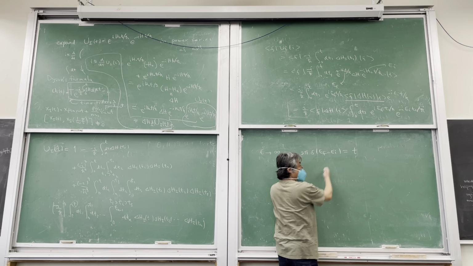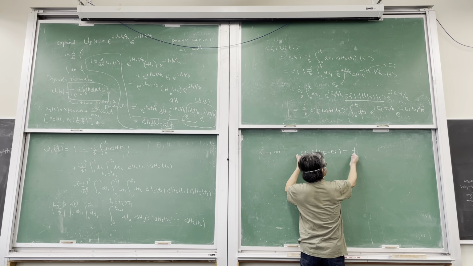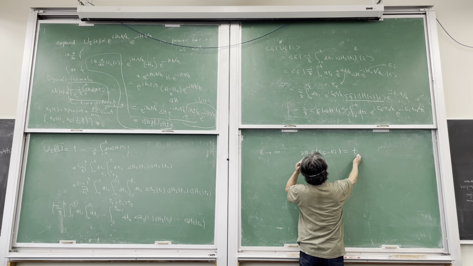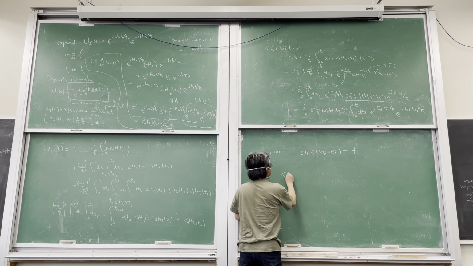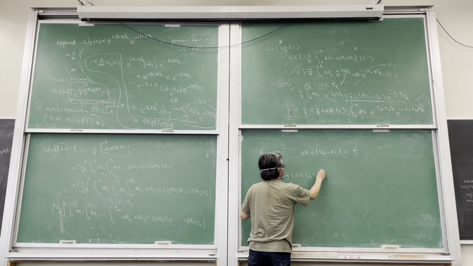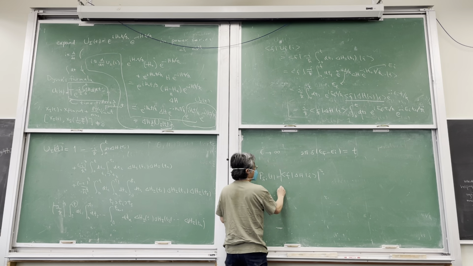The square of a delta function doesn't make sense. But once you identify this behavior, that the delta function is the same thing as the time interval, then I can take the square of this. That is the probability of the initial state I going to the final state F.